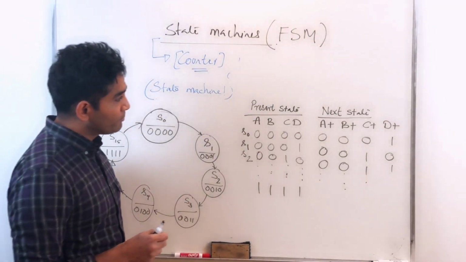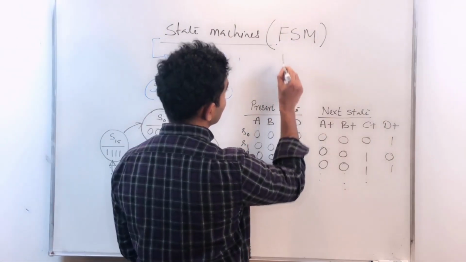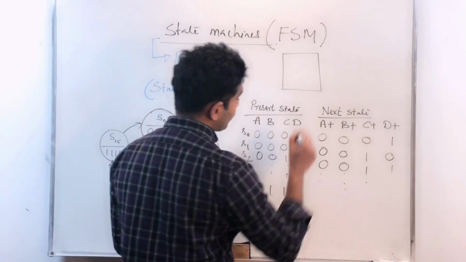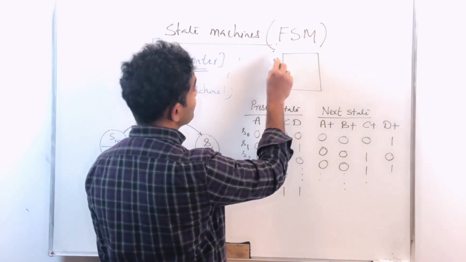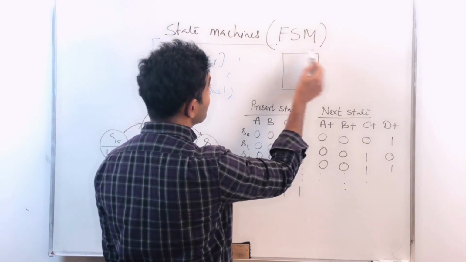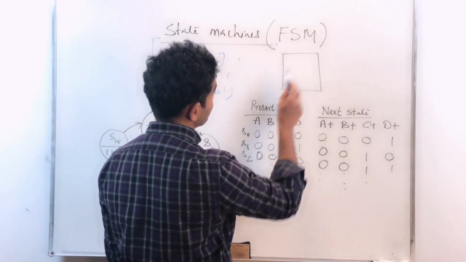And now all it boils down to is you go back to your block diagram, right? In this case, I don't have any explicit inputs, so I ignore that.